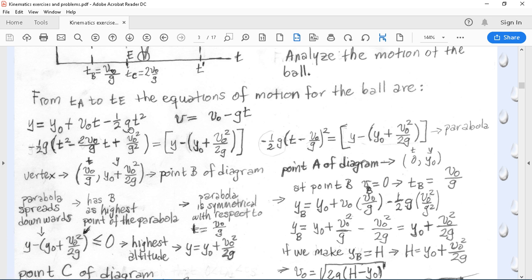So we have minus g factor of t squared minus 2v0 over g. If we pass the 1/2 of g to this side, we'll cancel the g and the half and the minuses and be left with v0. So we have t squared minus 2v0 over g times t plus v0 squared over g squared.